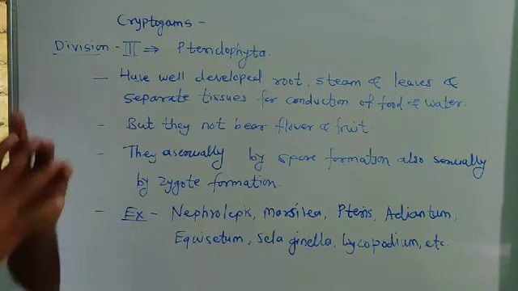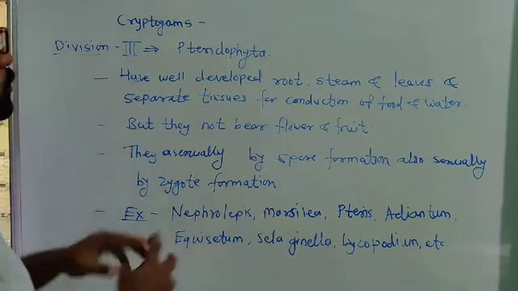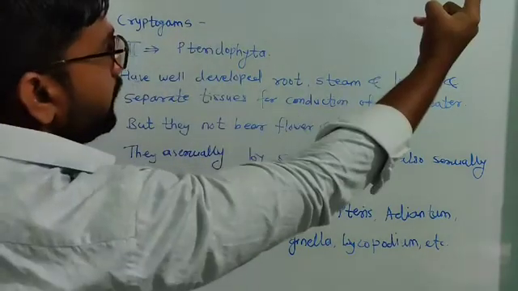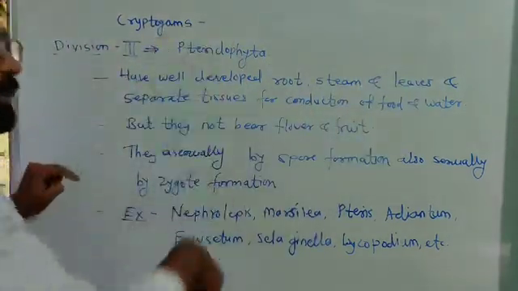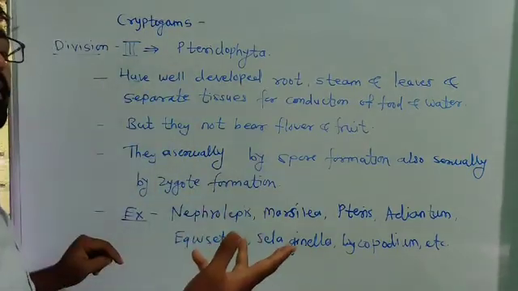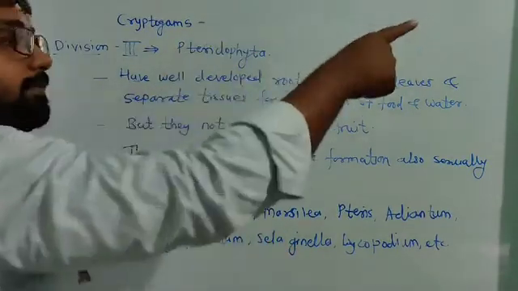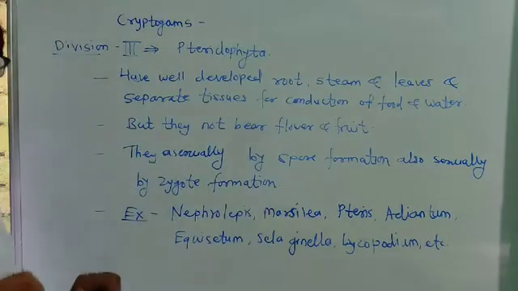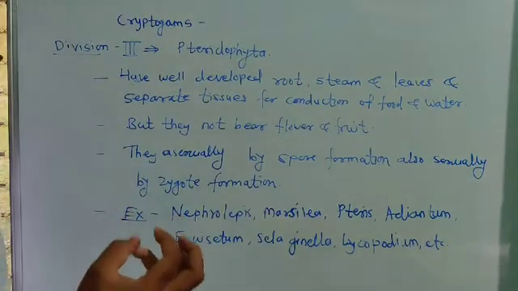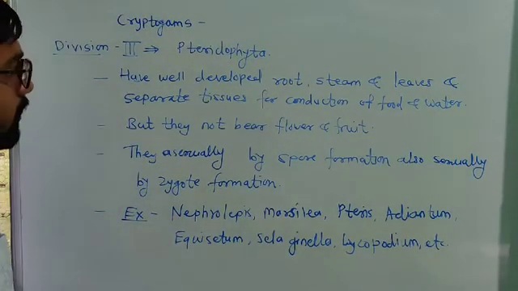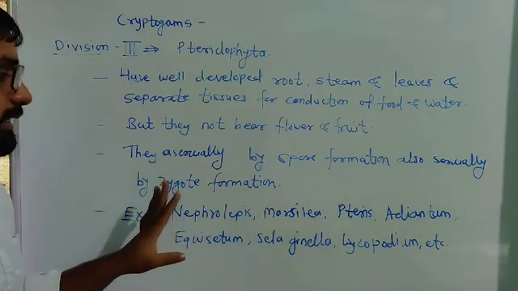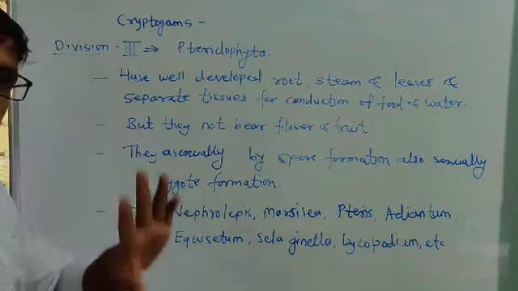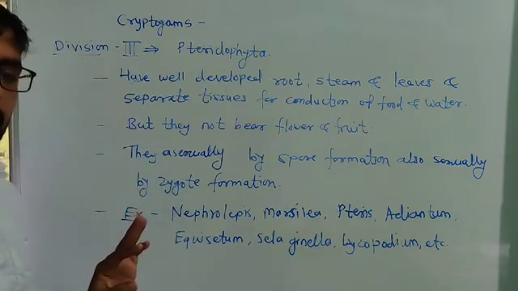We know plants are generally divided into two groups, cryptogams and phanerogams. Cryptogams are divided into the three divisions that we saw today. Tomorrow we will see the second type, the phanerogams, meaning the plants which bear seeds. The remaining part we will see in tomorrow's lecture.